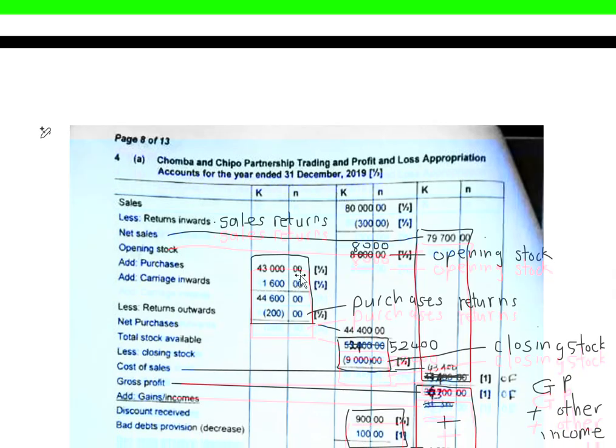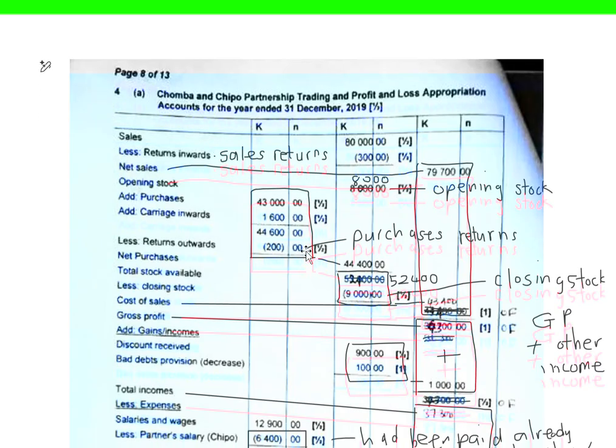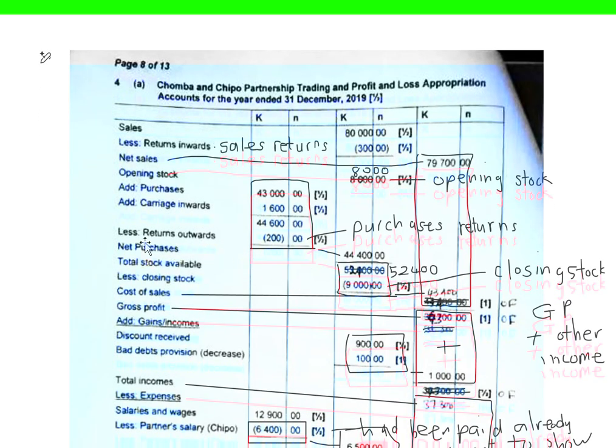So the 43,000 plus the 1,600 is equal to 44,600. Then there were, they call it returns outwards. We returned some of the stock that we bought, purchases returns. So that actually decreased the cost of the purchases because the goods were returned. That's why it's in brackets.